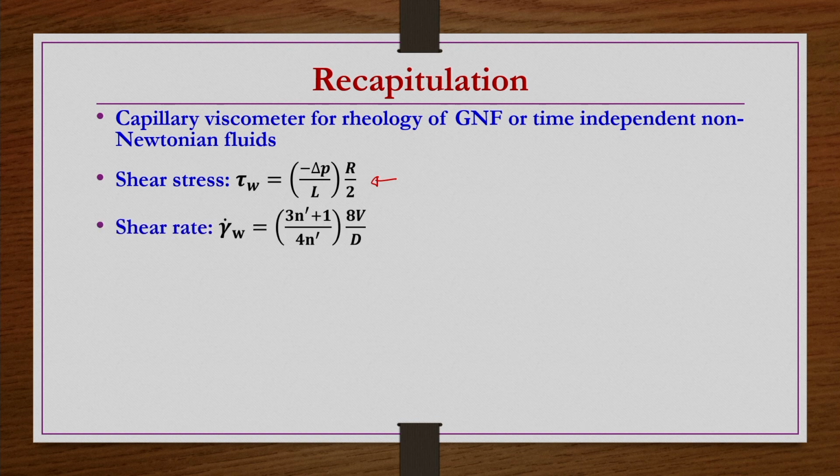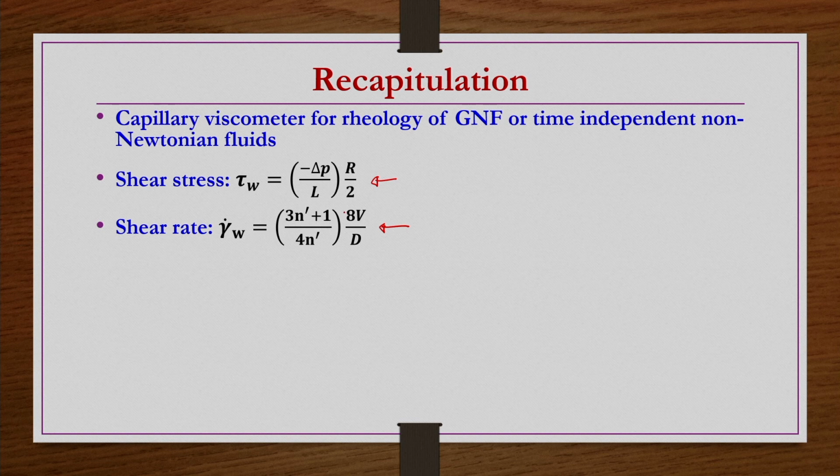Then, specific to the fluid, we obtained the wall shear rate expression for time independent non-Newtonian fluids, or generalized Newtonian fluids: gamma dot w equals (3 n prime plus 1) by (4 n prime) times 8 v by d.